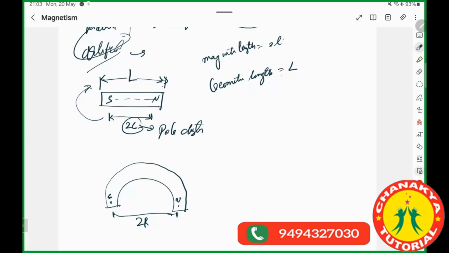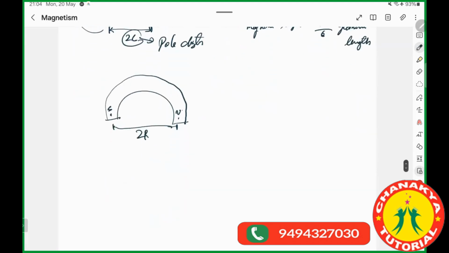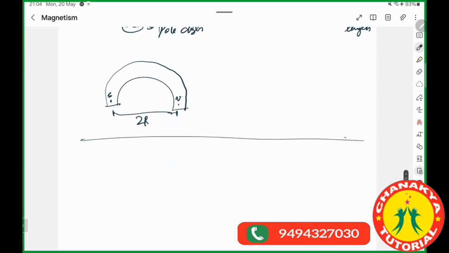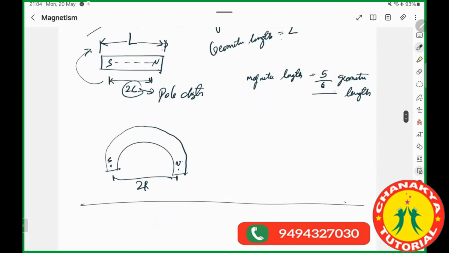If in case they're not equal, then the calculation will be magnetic length equals 5/6 of geometric length. So this conversion is almost one, not exactly, but almost one.